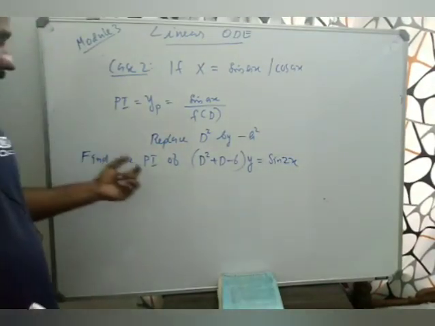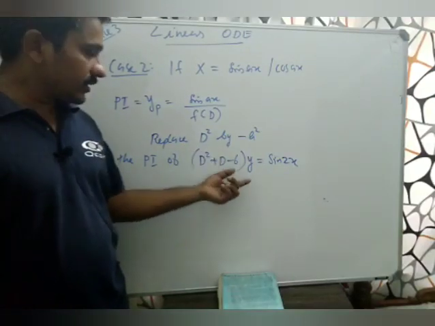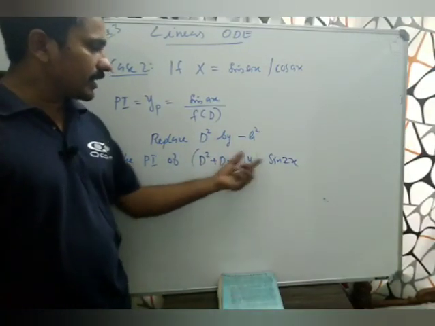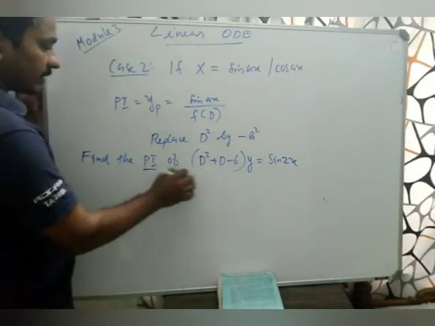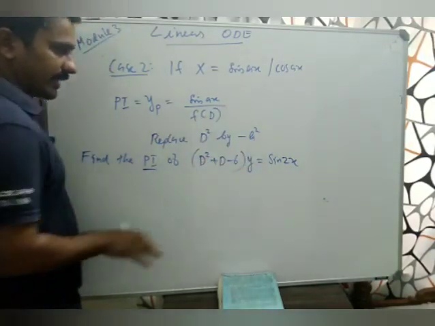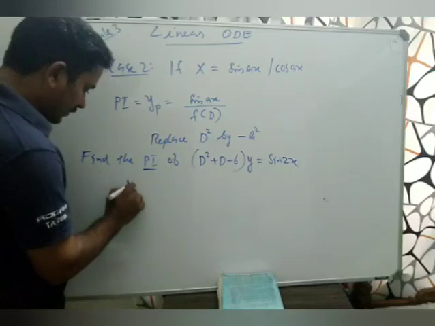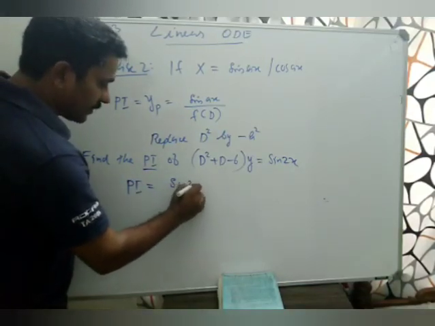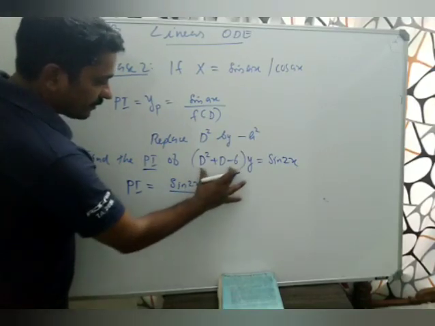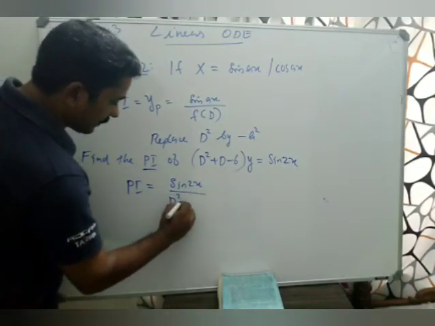Actually to solve this one we have to find the complementary function and particular integral, but here the question is to find only the particular integral, so we focus only on that. So here the particular integral is equal to sine 2x divided by the function of D.